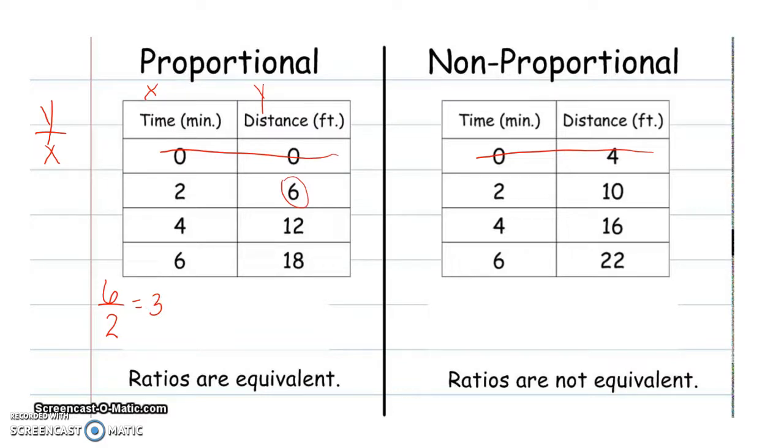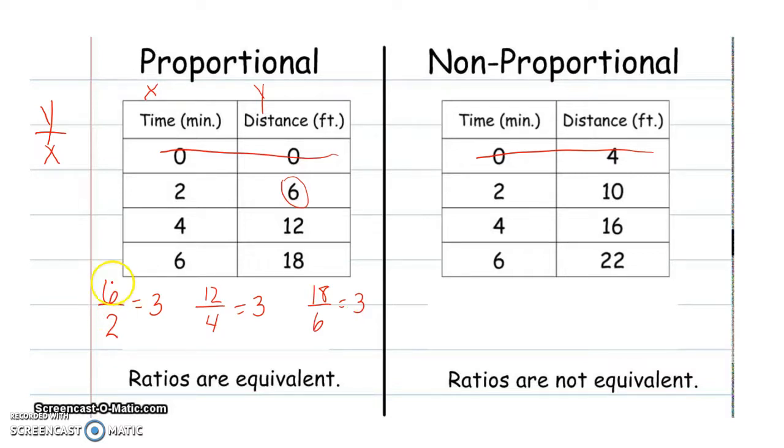If I get 3 for every single ratio in this table, then I can say yes, this is a proportional relationship. Let's try the next one. 12 over 4 is 3. 18 over 6 is 3.